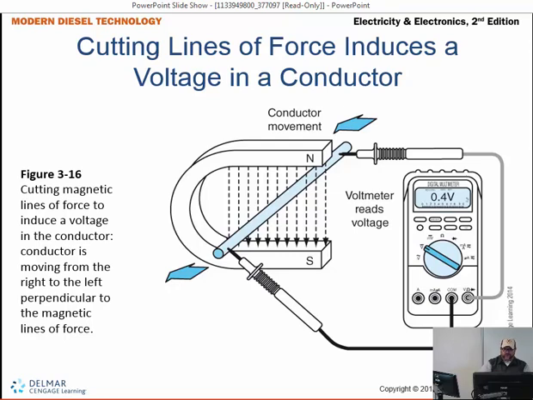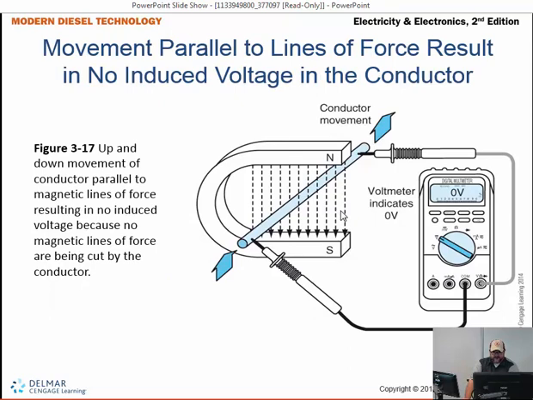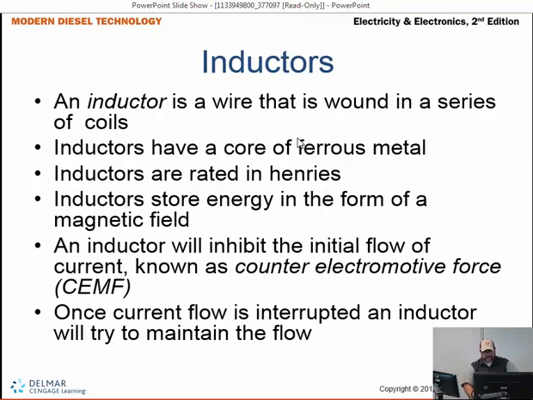If we're cutting back and forth through here, so we're actually cutting the fields, we're going to produce voltage. Okay. If, however, we're going up and down through the lines, we won't be cutting any fields. We won't be going through that magnetic field, so we won't produce any voltage. So it's got to be interrupting the fields.